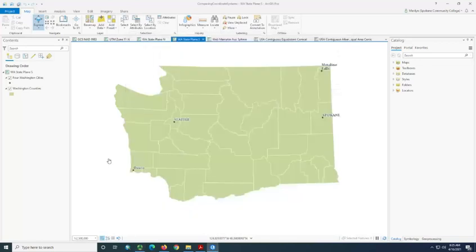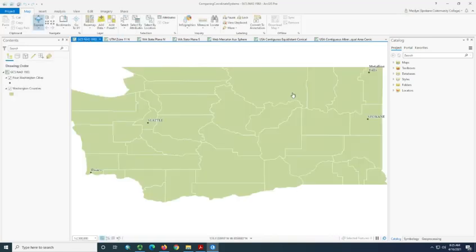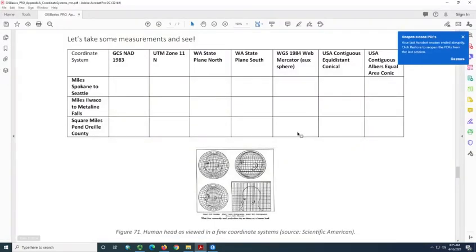Okay, so now that we've set up these maps, we're going to be able to do some measurements and get a feeling for what distortion goes on with different projections. We're going to start out with our geographic coordinate system, and we know that this doesn't look right with respect to area. Let's come up here to the measure tool, and of course we've got our notes here, and we're going to look at a few different measurements.